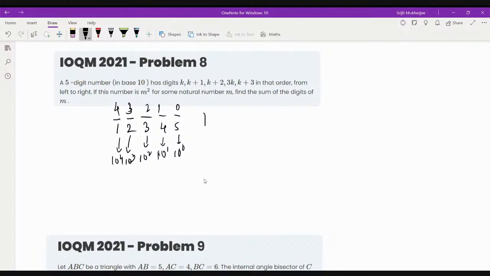If you add it up, you get 5 into 10 to the power 0, plus 4 into 10 to the power 1, plus 3 into 10 to the power 2, plus 2 into 10 to the power 3, plus 1 into 10 to the power 4. So you get this number.